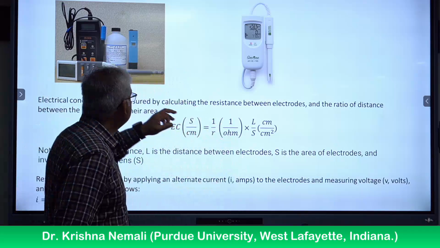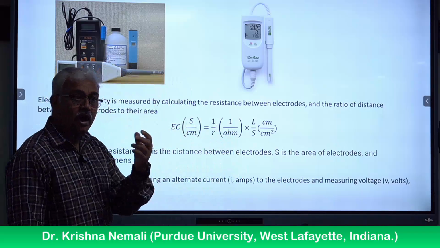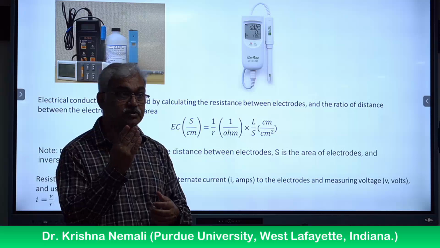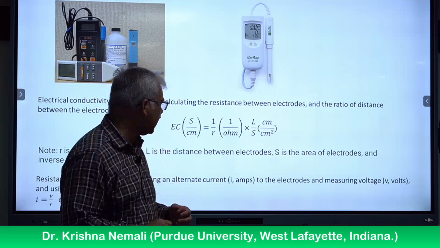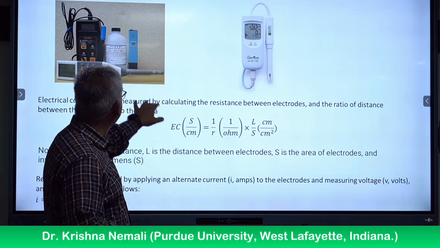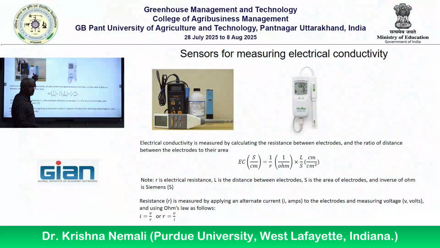And EC calibration is what we call 1-point calibration. We just use a standard solution or powder, or they also sell these in pouches. You don't have to buy a bottle. I think I have a slide on calibration, but I can explain now because we are talking about it. Basically, 1413 microsiemens per centimeter. What is that in terms of decisiemens? 1.413. So you take your EC probe and you put it in.